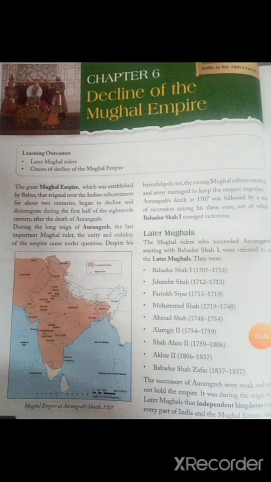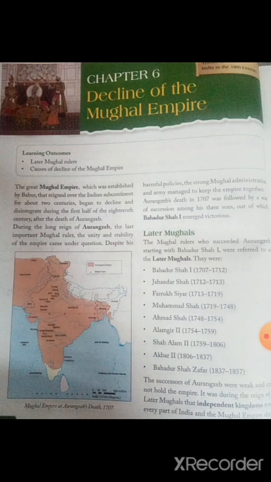Now, what is given here? The successors of Aurangzeb were weak and unable to hold the Mughal Empire, and it was during the reign of the later Mughals that independent kingdoms came into existence and rose in every part of India.